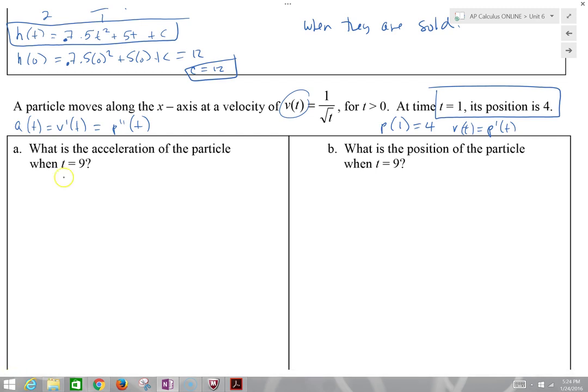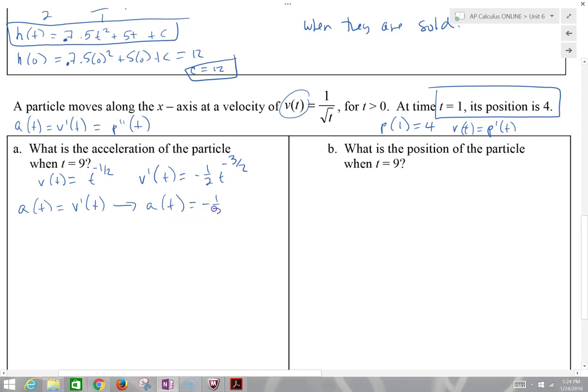So we know the velocity is equal to, I'm going to go ahead and write this as t to the negative 1/2 because that makes it easier to do stuff, which means that v prime of t is equal to negative 1/2 t to the negative 3/2. And since acceleration a of t is equal to v prime of t, a of t is equal to negative 1/2 t to the negative 3/2.